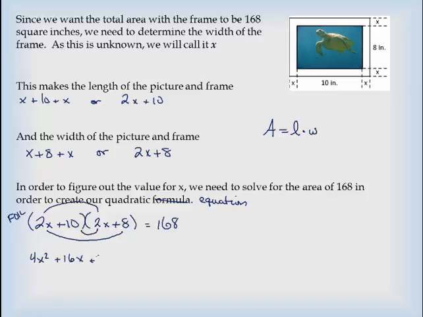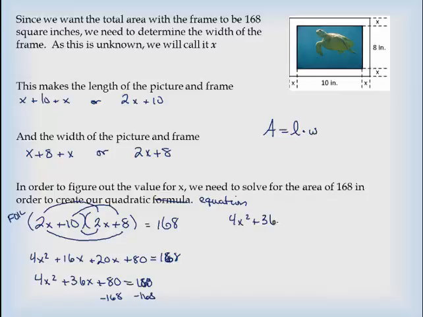Inside gives me 20x. And last gives me 80. So I get 4x squared plus 36x plus 80 is equal to 168. And I need to subtract 168 from both sides. So I have 4x squared plus 36x plus 80 minus 168, that's minus 88, is equal to 0.